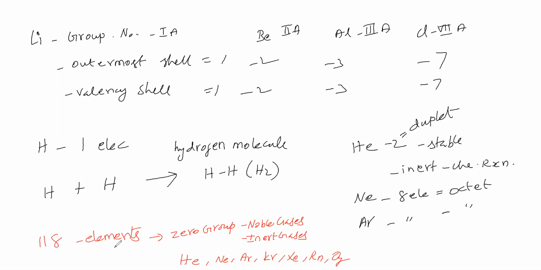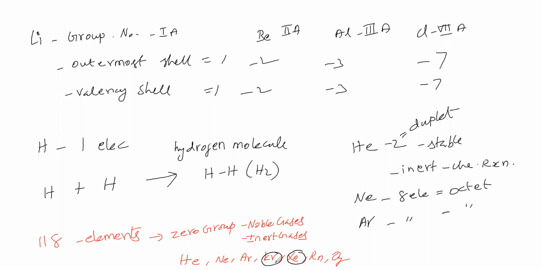Only this group is called the zero group, because none of the electrons in this group are involved in chemical reaction. That means these elements are inert. These elements are present in the gaseous state, therefore these gases are called inert gases. Later, xenon compounds were discovered, though not under normal conditions.